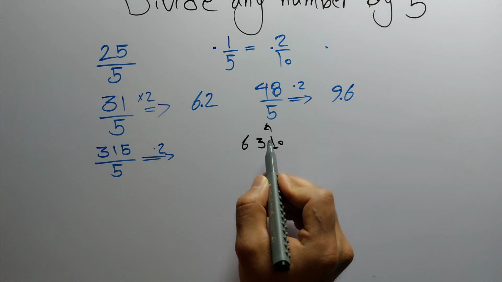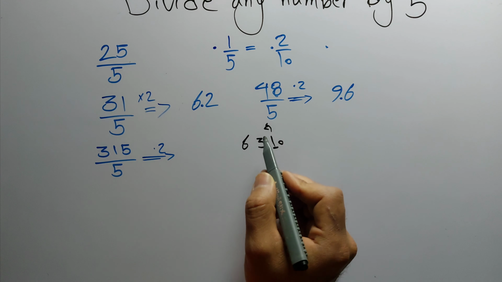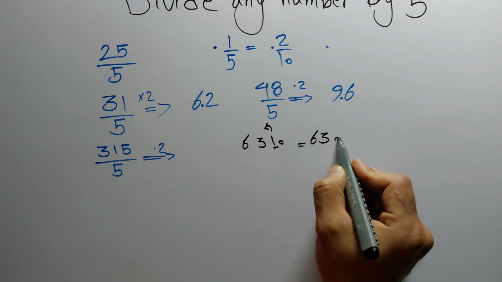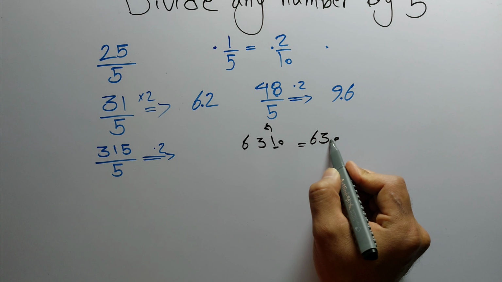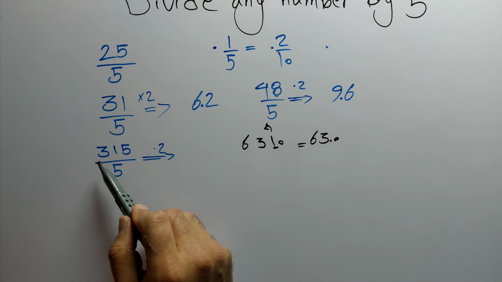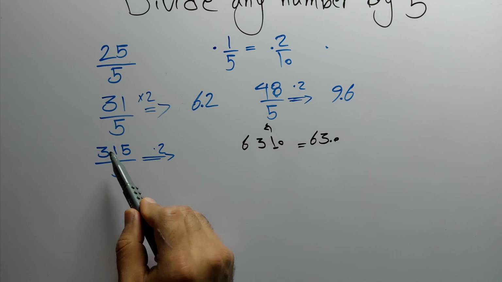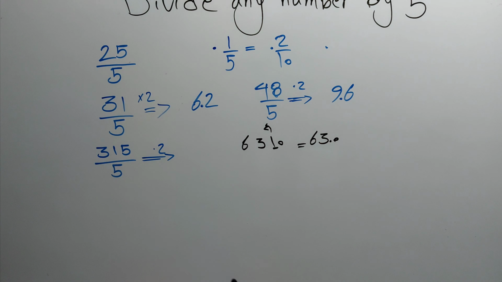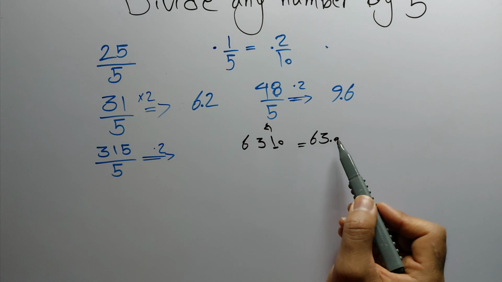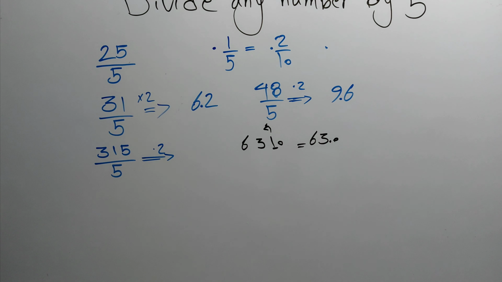We don't need it anymore because we've already added it to the previous one. So that's 630, and then don't forget to put a decimal point here. 315 times 2 is just 630, right? So it's 630 if you multiply that by 2, and then you can put a decimal point here.